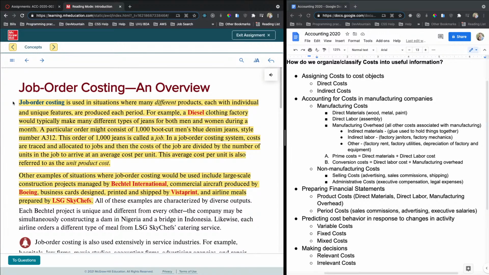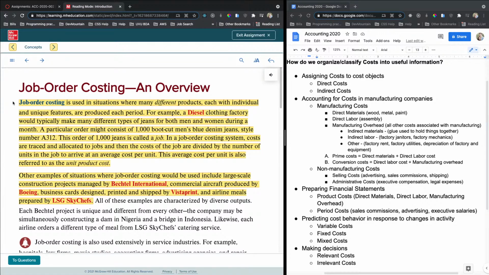So basically what you do, let's say you have 1,000 jeans, right? And I don't know, they're all $1 per jean.